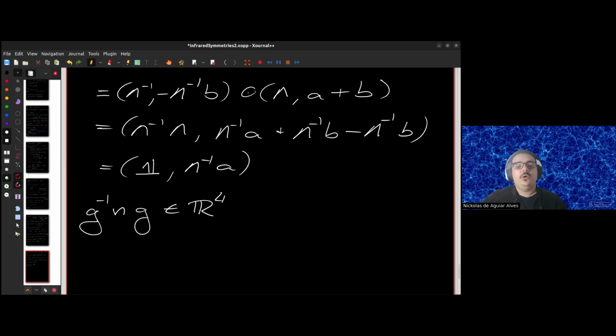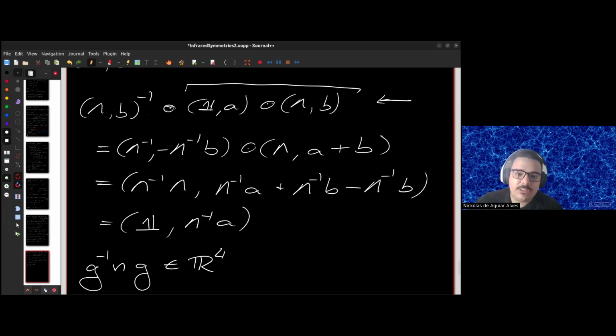So if you do an arbitrary Poincare transformation, and then you do a translation, and then you invert the original Poincare transformation, what you get is still a translation. It doesn't need to be the same translation. We started with a translation a, and we ended with a translation lambda inverse a. So you change the translation when you do this conjugation by Poincare transformations. However, it still is a translation.